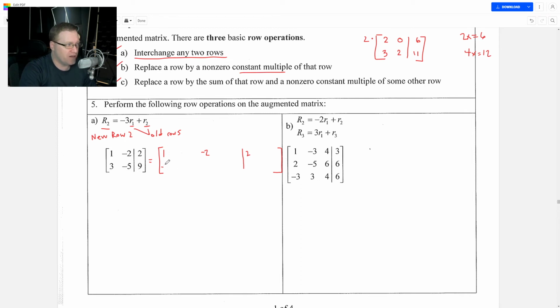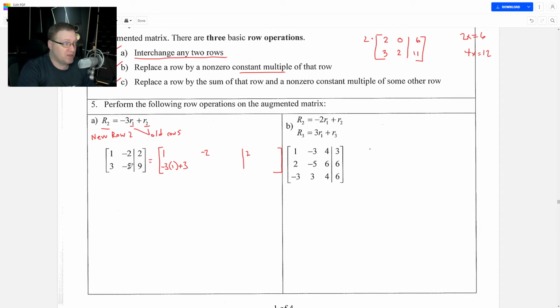We're going to have -3 times R1, that's our old first row, which is 1 here. And then we're going to add our old second row, which is this one, 3. So plus 3. And that's it.